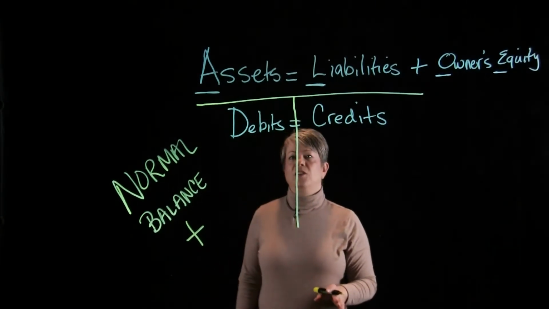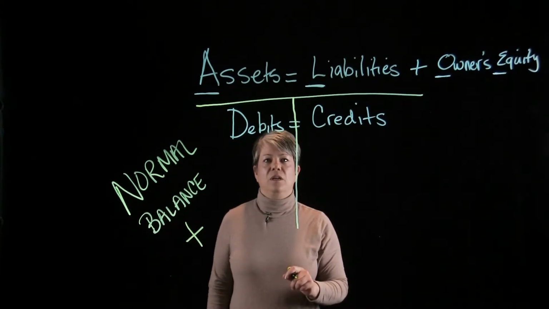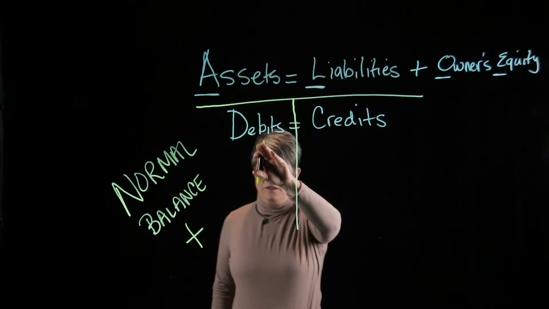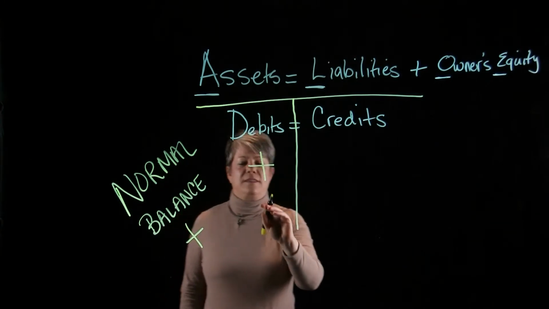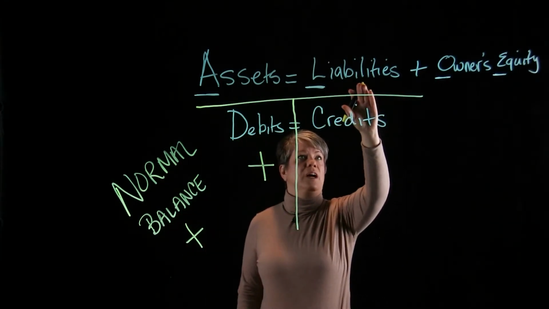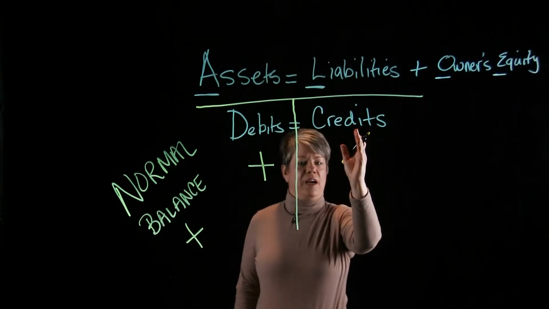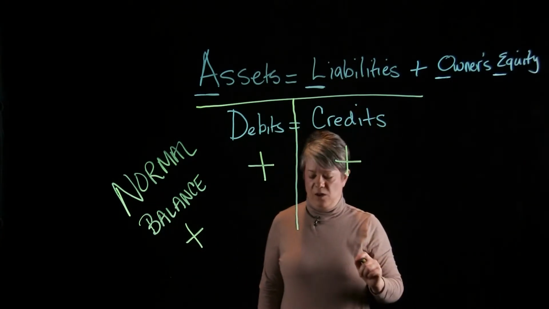So if I take a look at how I've structured my two equations up here, assets are on the left side, left being debit, debits will increase assets. If I go over to the right side of the equation, I have liabilities and owner's equity. Right side, credits, will increase liabilities and owner's equity.